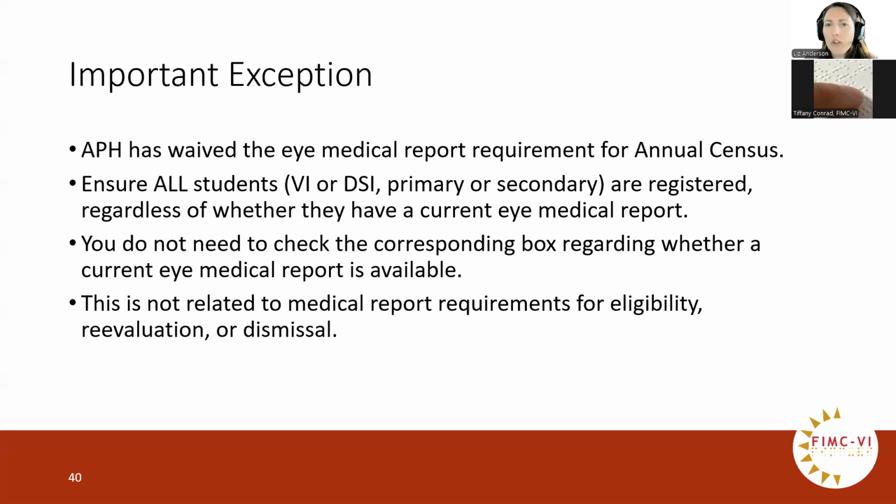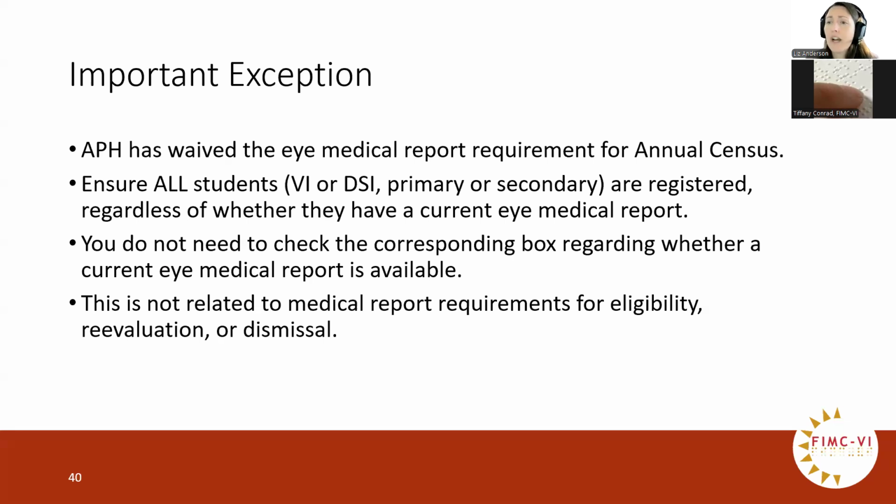So here we are just reminding you to ensure that all students, whether they are visually impaired or dual sensory impaired, whether that's primary, secondary, or anywhere in there, that they've been identified as having a visual impairment or a dual sensory impairment, that they are registered with us, regardless of whether there is a current iMedical report. It doesn't matter how old your iMedical information is. So you don't need to check that box on our form about that current medical report being available.